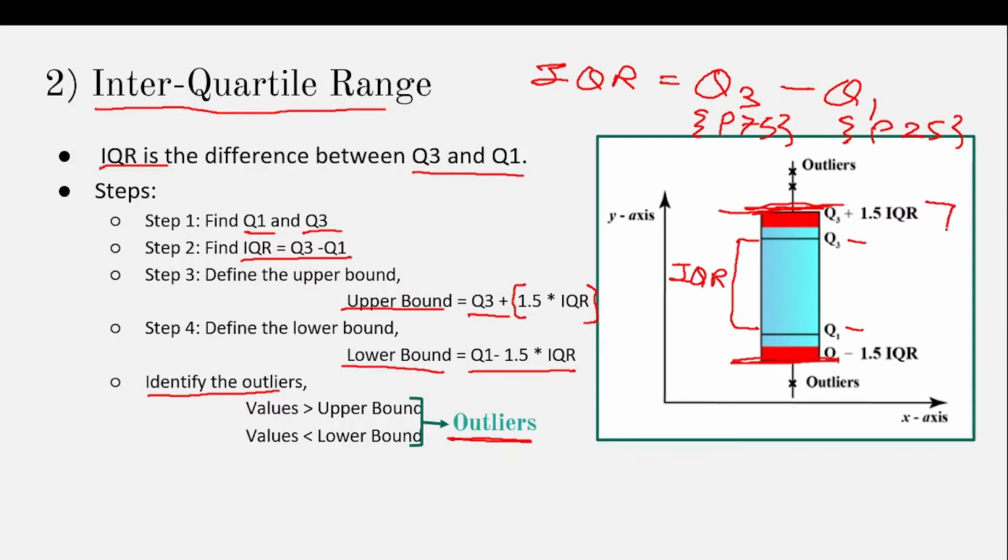So this will be my acceptable range for the data point. If any data point lie beyond this range, that is, if any data point is greater than the upper limit or lower than the lower limit, in both the cases, that data point will be called outlier. So using this method, we can find out if a data point is an outlier or not.